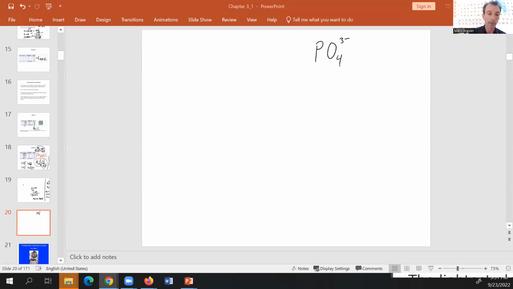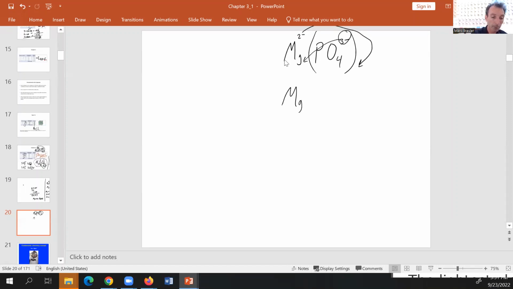Yeah. Okay, so phosphate, PO4 3 minus. So let's say we have magnesium phosphate. So magnesium is 2 plus. So this 2 carries over down there, and then the 3 drops over here. So you get Mg3(PO4)2.